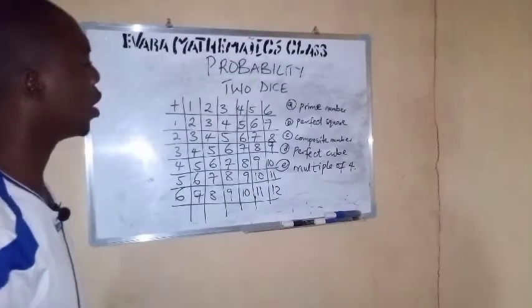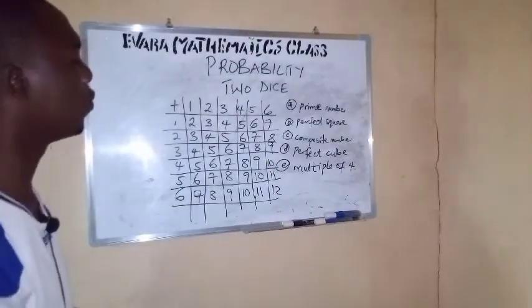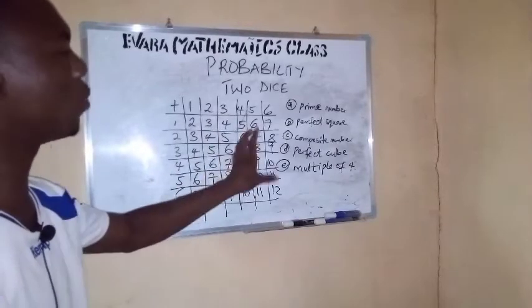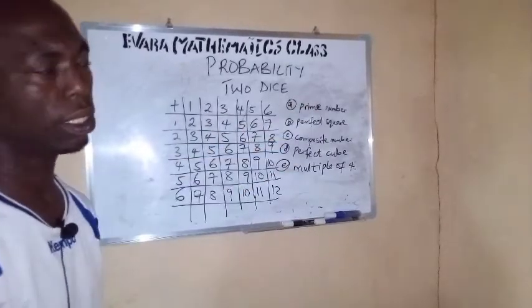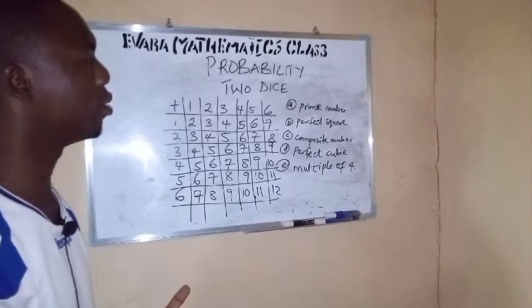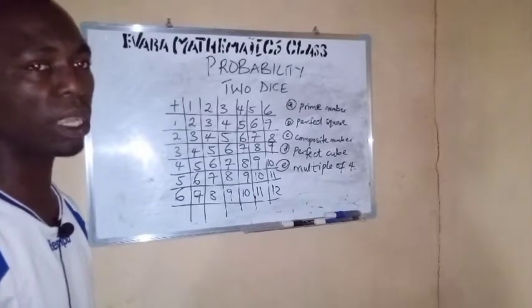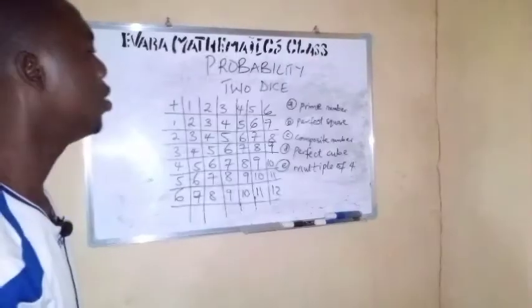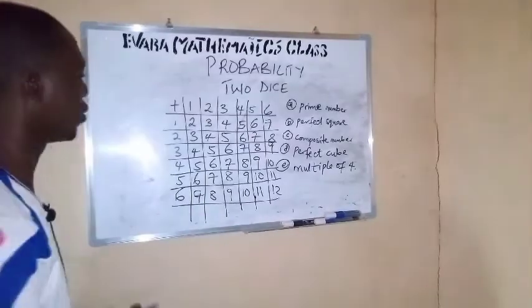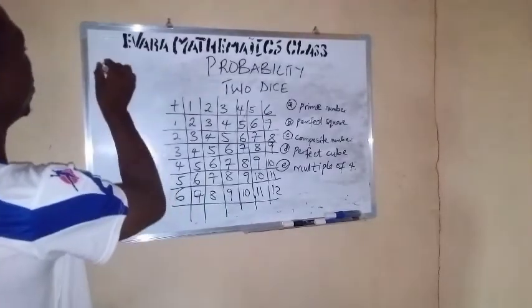Now we are asked to find, out of all this, the probability of getting a prime number. We know a prime number is a number that can be divided by only one and itself.